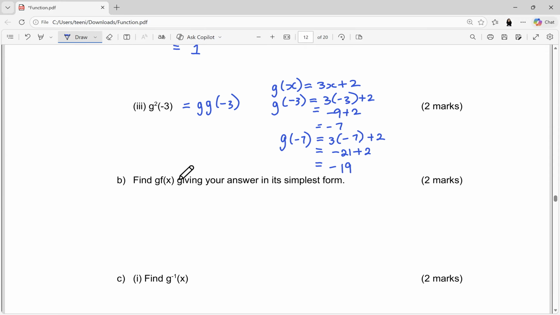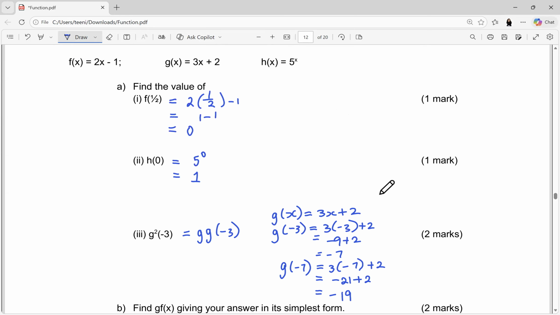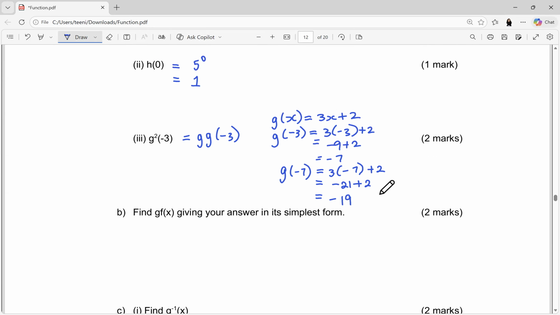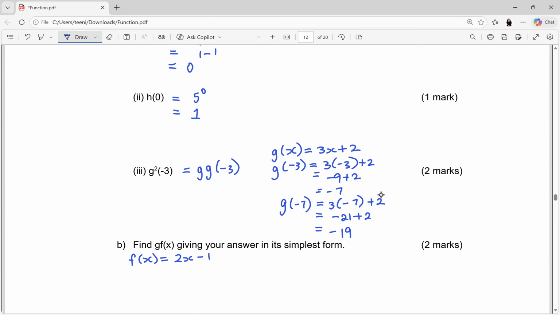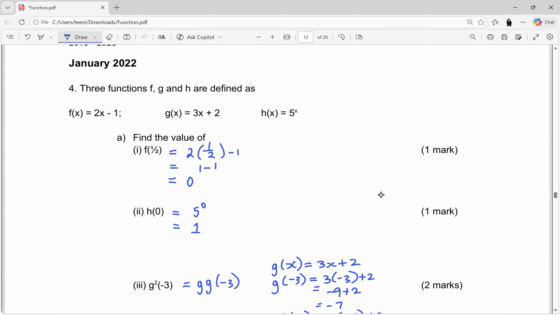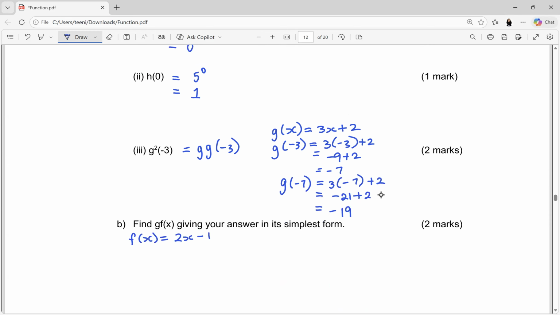Find g of f of x, giving your answer in its simplest form. So let's see, f of x is 2x minus 1. Let me write it over. f of x is 2x minus 1, and g of x is 3x plus 2.